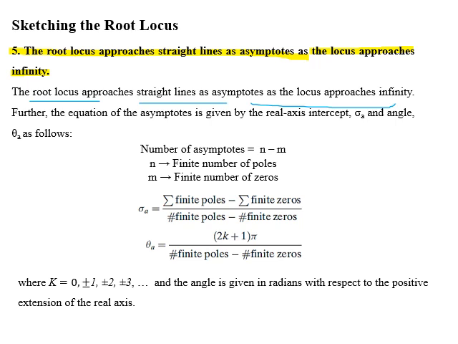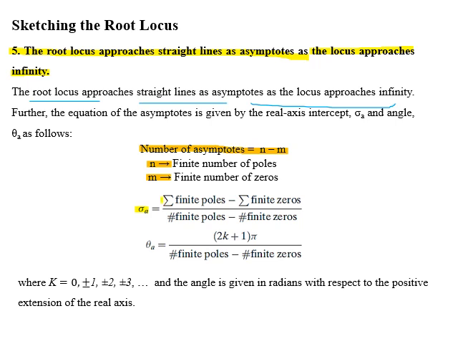For these asymptotes, 3 basic quantities are required. First is the number of asymptotes, which is equal to n minus m. Here n is the finite number of poles and m is the finite number of zeros.